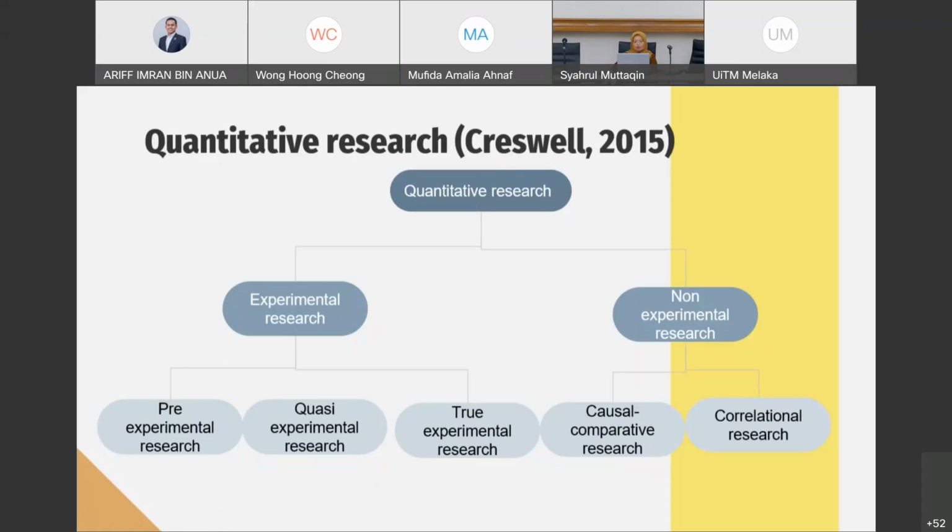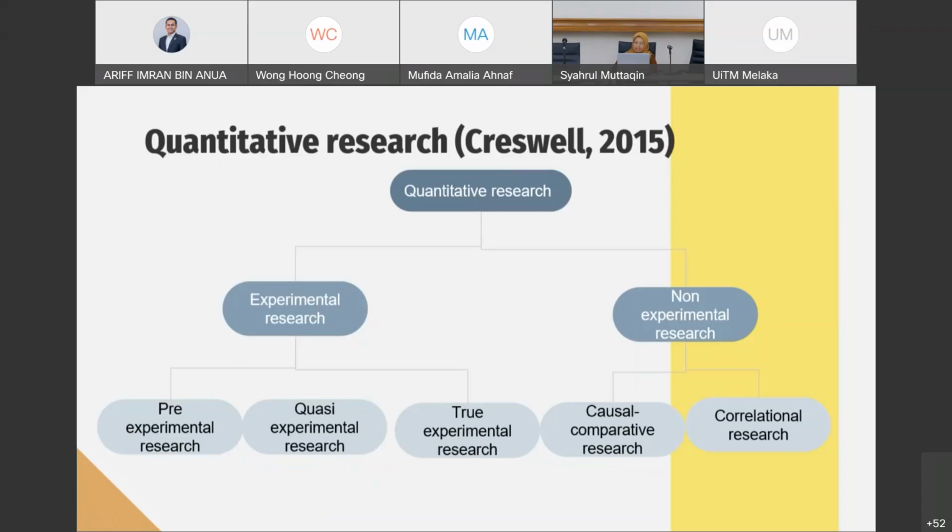And of course, since it's experimental research, it should have treatment. So for pre-experimental research, the treatment will be done once and in one group. And then quasi-experimental research would be at the next level, and the highest level would be true experimental research.